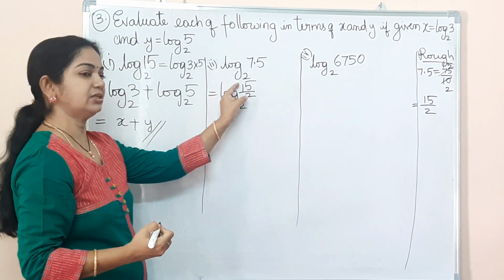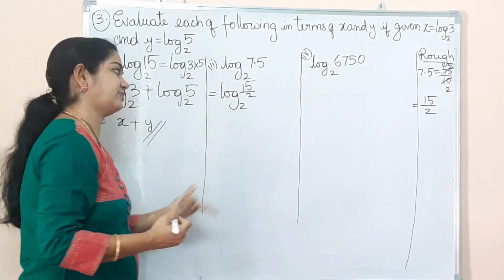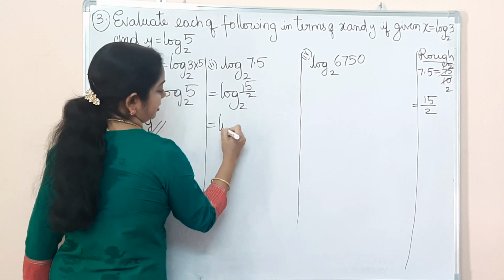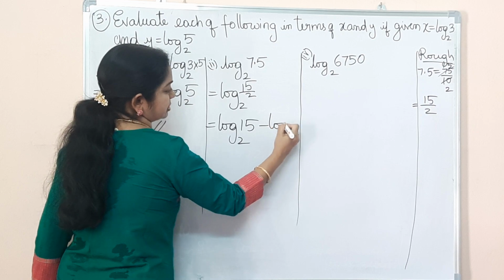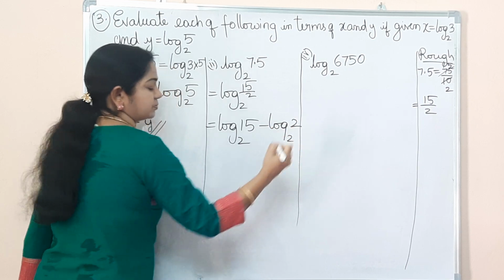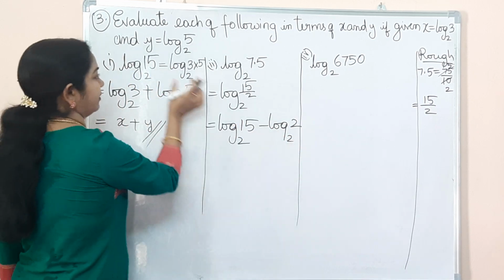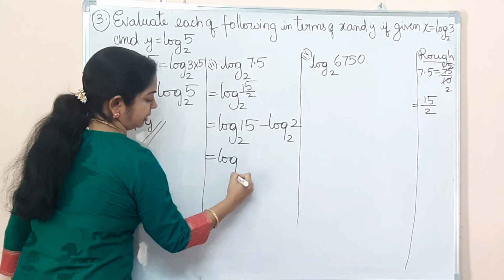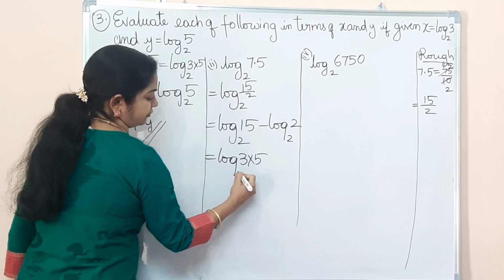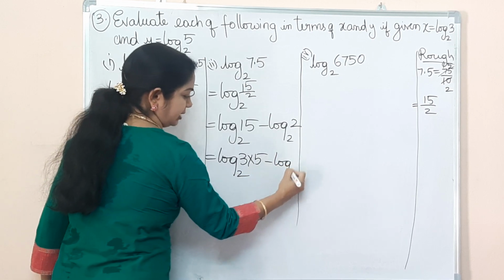If it is division, then it will be separated into subtraction. Now this comes to log 15 base 2 minus log 2 base 2. Again, 15 we have to split: 3 into 5, 15. Again log 2 base 2.